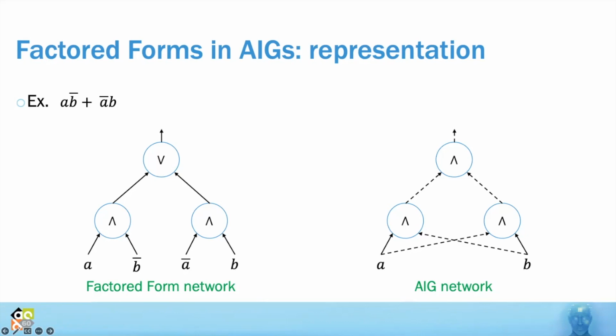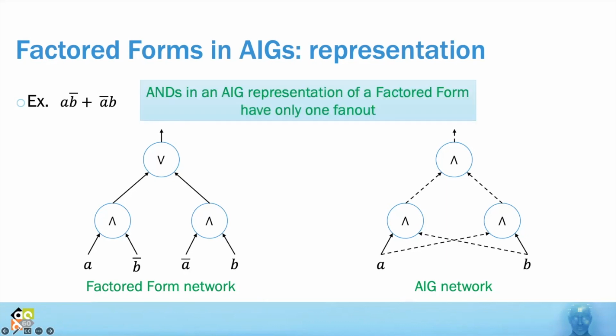And one of the characteristics of the factor form is that each node has a single fan-out. An AIG representation of a factor form maintains this property, and so we can say that an AIG representation is a factor form if it has only nodes with single fan-out.